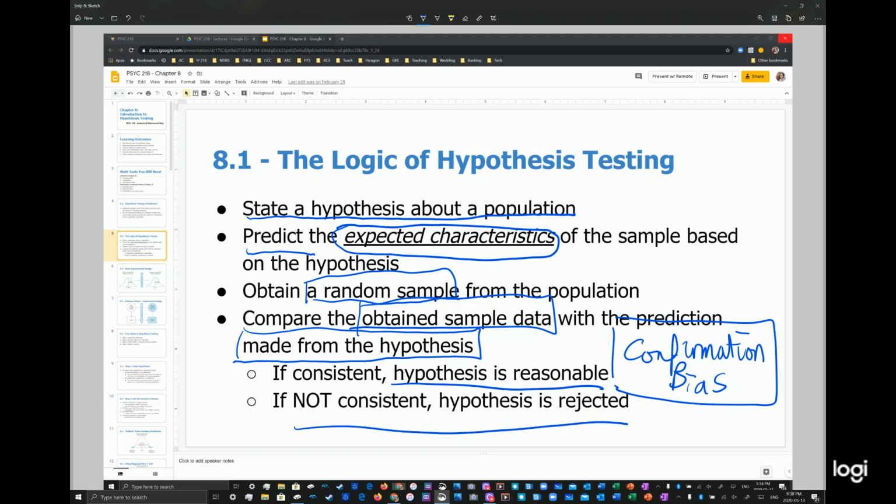We want to use sample data and the evidence to say whether that data supports a hypothesis, is consistent with it, and then we fail to reject it. Or if that data shows extreme values and is not consistent with the hypothesis, that is, with the population distribution or the expected value of the population distribution, we reject the hypothesis.